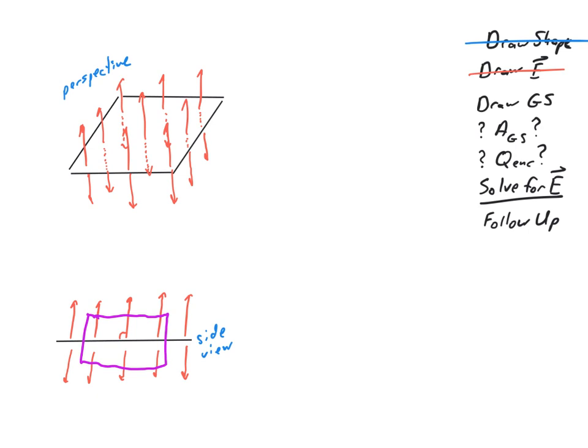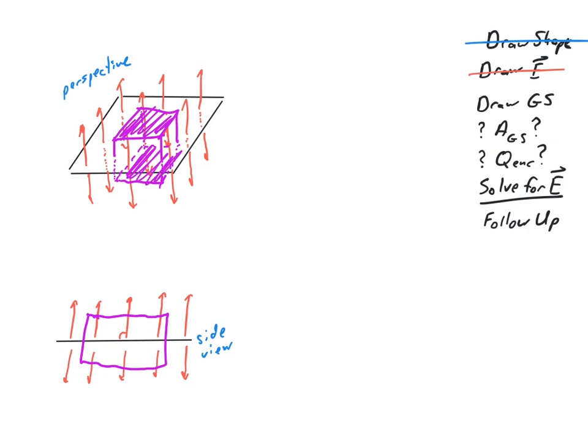So I'm going to redraw it up top. And here you should be able to see that what I'm drawing is a cube. It's a cube with electric field pointing through this surface and pointing through this surface.